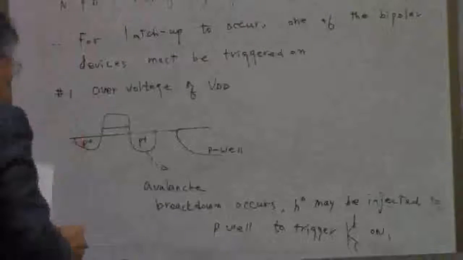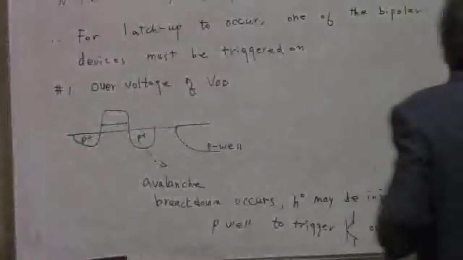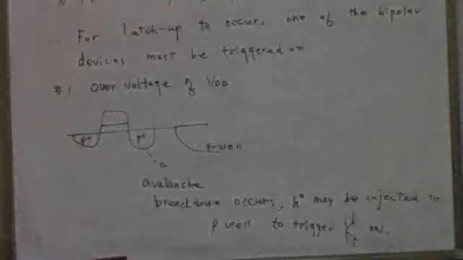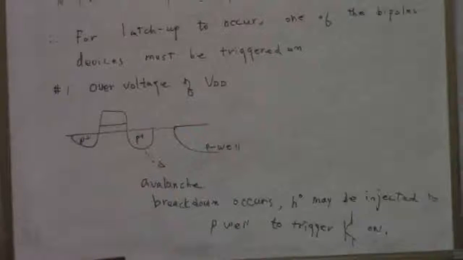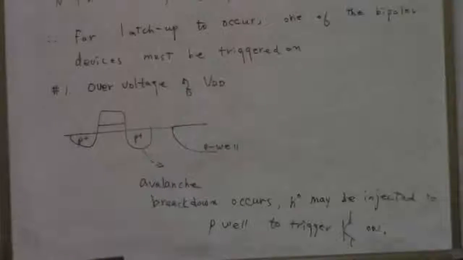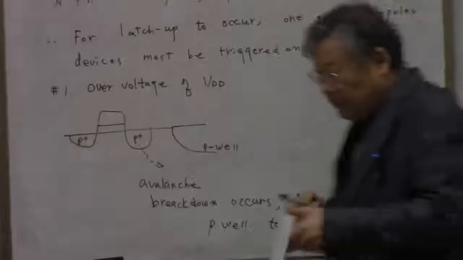So the over voltage of VDD may cause the latch up by turning on the vertical bipolar transistors. Okay.